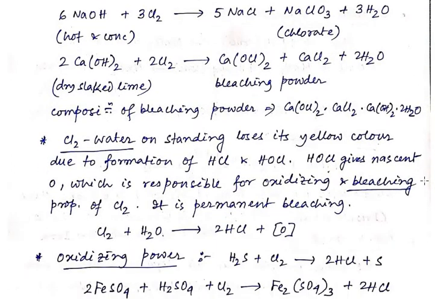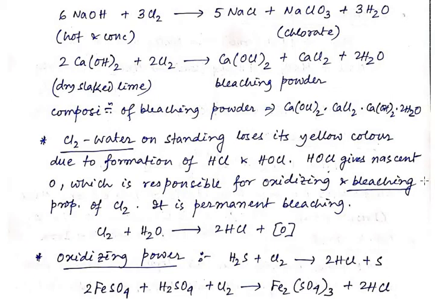Next, a very important property of Cl2 is the bleaching action. It can bleach colored material also. Chlorine water, on standing, loses its yellow color due to the formation of HCl and HOCl.